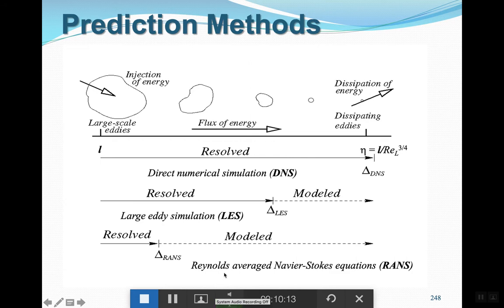If you use Reynolds averaged Navier-Stokes equations, or RANS, you are only resolving, meaning you are only using 5 basic equations, for the large eddies. The rest is modeled through auxiliary equations. And these 3 are basically the main categories. There are different methods under each category, but this is the main.